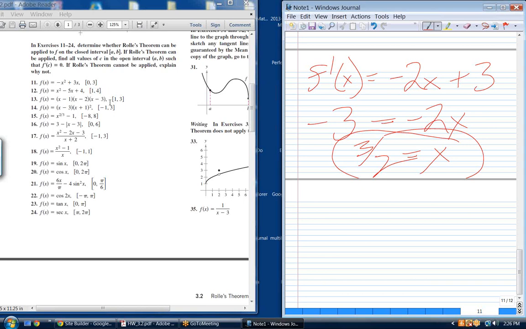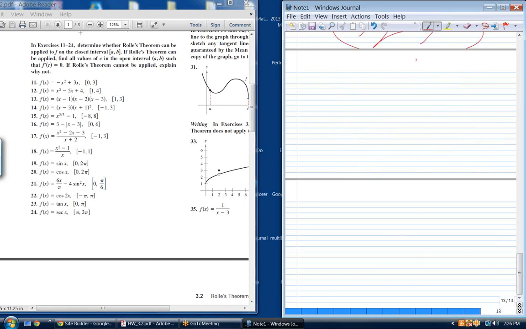Number 13. How are we going to do number 13? I would multiply the 3 together to get an equation and then differentiate it. Yes. I mean, you could use the product rule, but I think it's probably easier to multiply the 3 together.